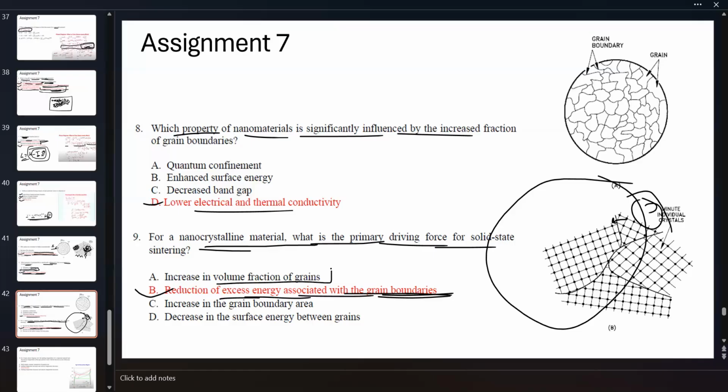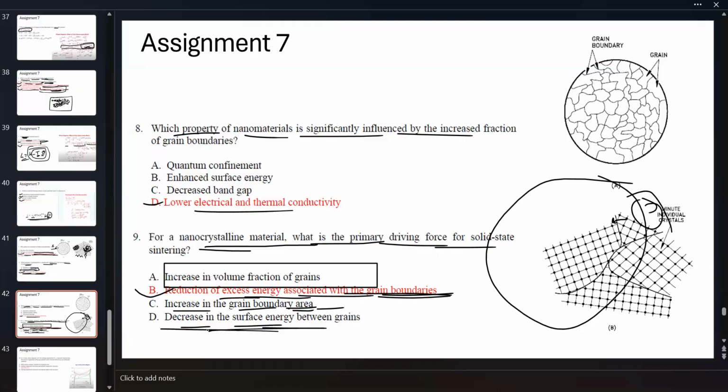Volume of grains fraction is decreasing. Yes, with sintering, the volume fraction of grain is decreasing. Decreasing grain boundary area. This is again decreasing as you're sintering. Decrease in surface energy between grains?